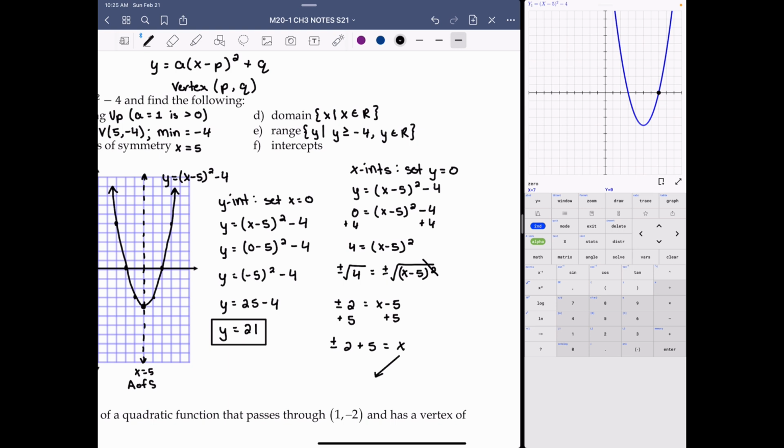If it's negative 2, then we have x equals negative 2 plus 5, which means x equals 3. Or we have positive 2, so x equals 2 plus 5, which gives us x equals 7.